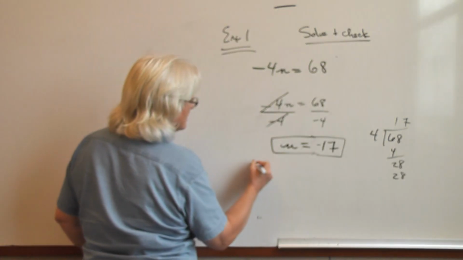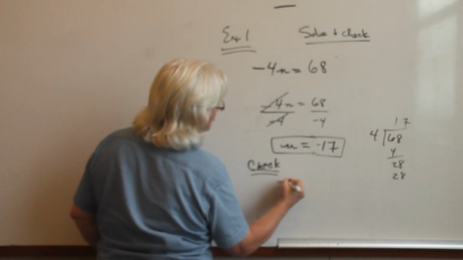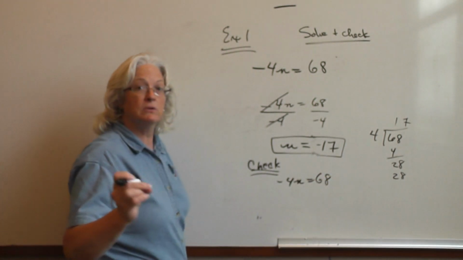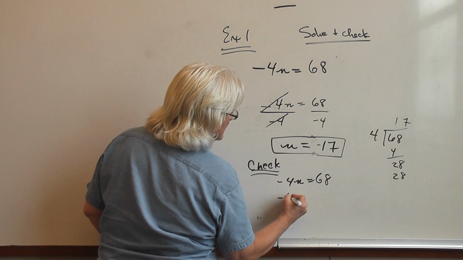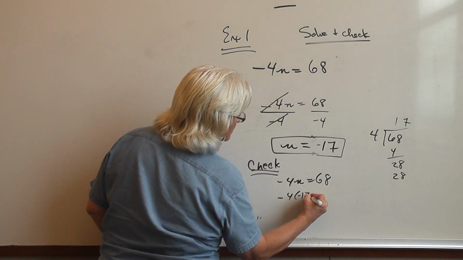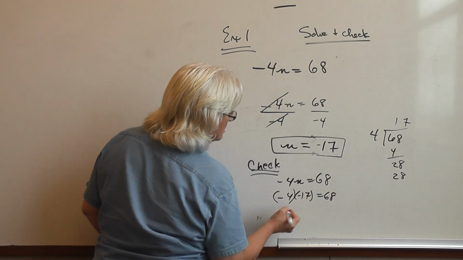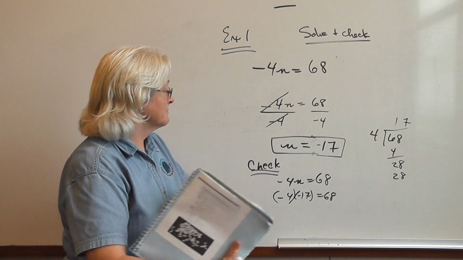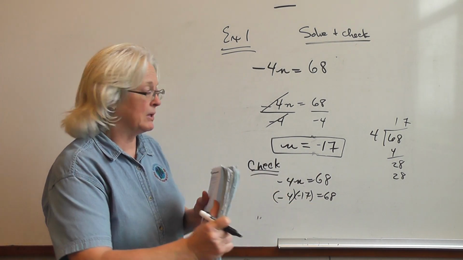Same way that we check anything else. We rewrite our original equation, and then we substitute in the value for the variable. And here is a negative 17. And I'm going to show my multiplication like that because it's screaming obvious that I have two negative factors multiplied together.